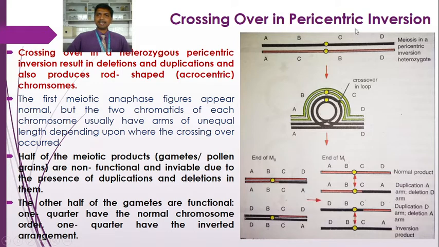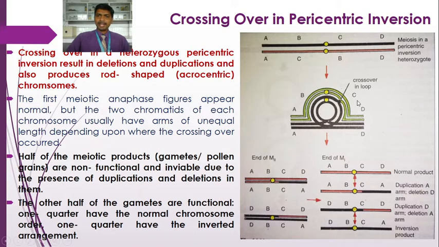This pericentric inversion is characterized by the fact that the centromere is included in the inversion. Crossing over in a heterozygous pericentric inversion results in deletions, duplications and also produces rod-shaped acrocentric chromosomes.